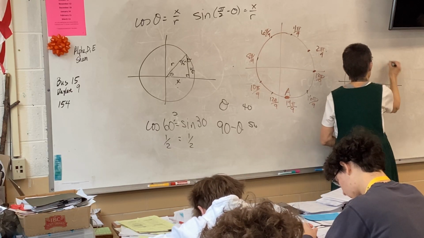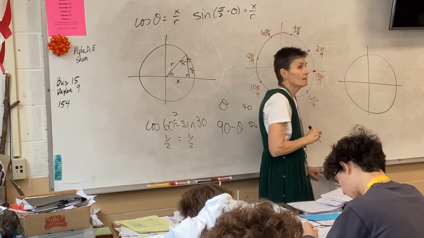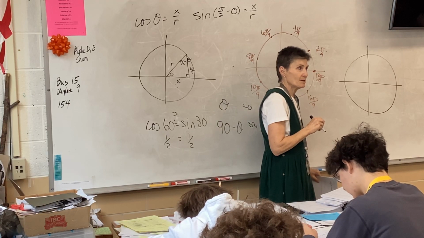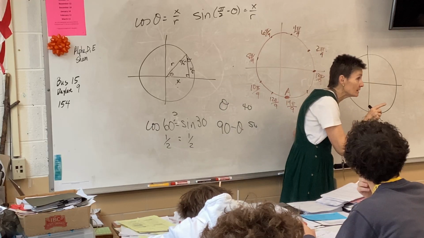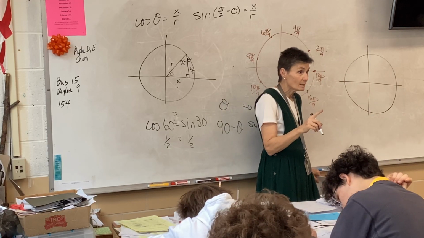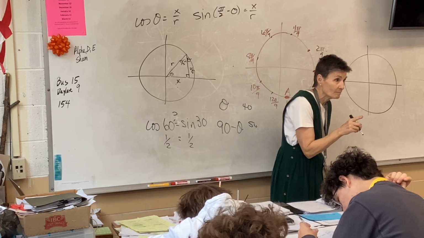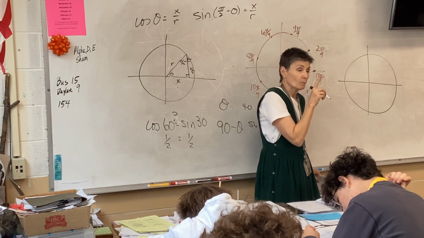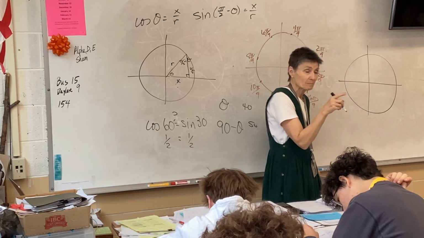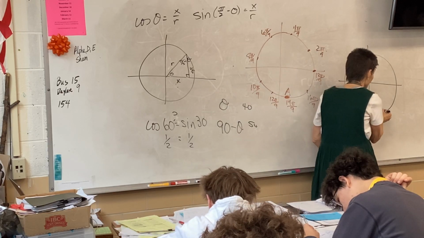Where would 11 pi over 3 be? Quadrant 2. 5 pi over 3? How'd I do that? I took out a period, just like you did in problem 1. When you were subtracting 4, I'm subtracting 2 pi. That's my period. So 11 thirds minus 6 thirds is 5 thirds. So I'm right here.